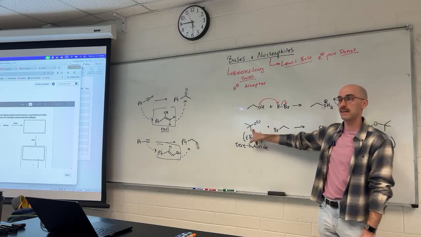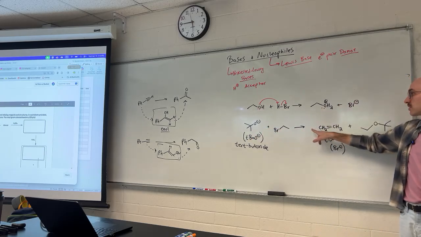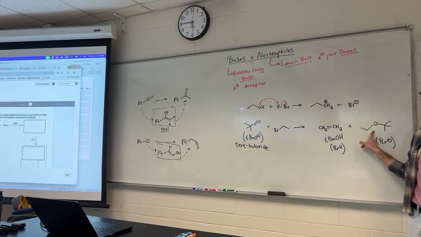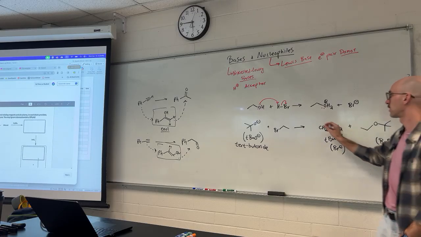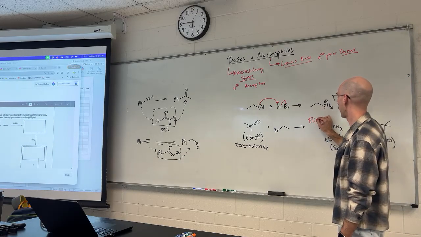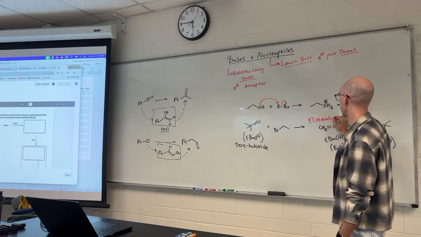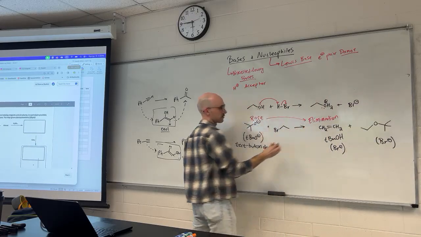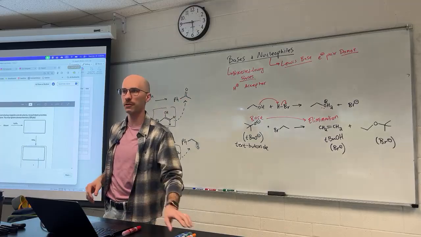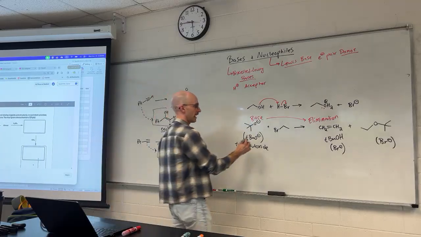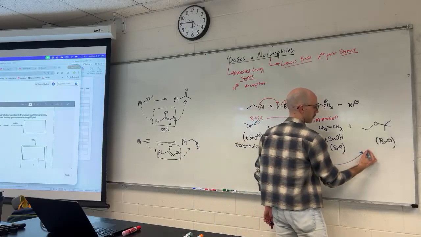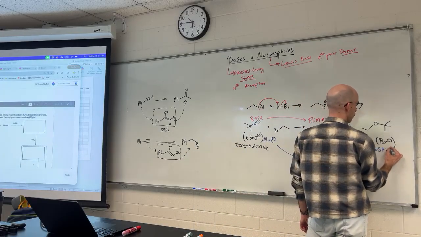They might donate an electron pair to substitute another group, giving us a substitution reaction. If this acts as a base, the reaction has gone through elimination. If this acts as a nucleophile, the reaction goes through substitution.